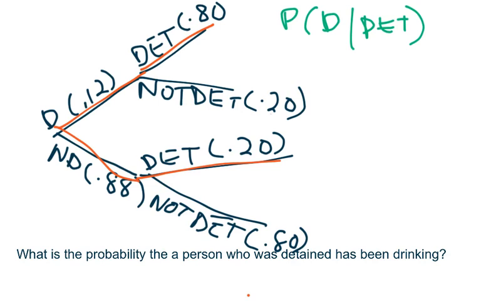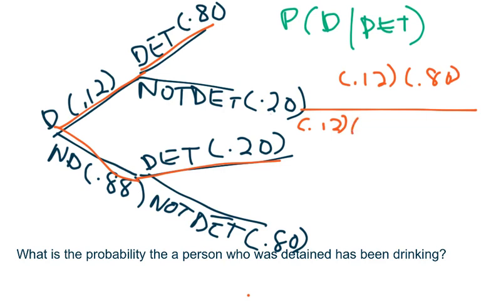That is 0.12 times 0.80 divided by the sum of the probability that a person has been drinking and detained plus not drinking and detained.